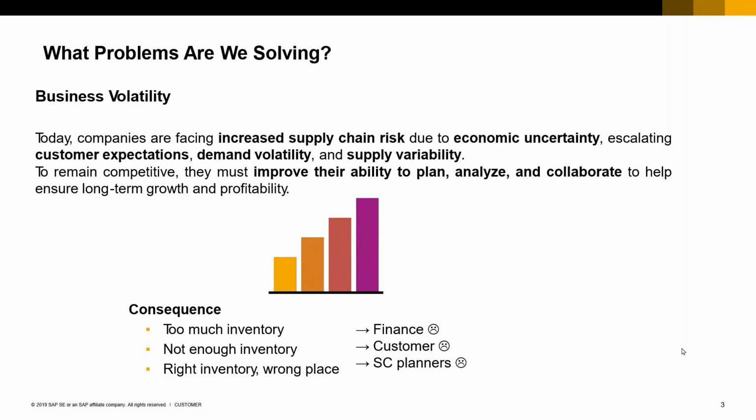Today there are several challenges within the supply chain because of increasing competition, increasing lead times, and several other factors which are not in human hands. There may be some climatic conditions or such situations which are not under control.